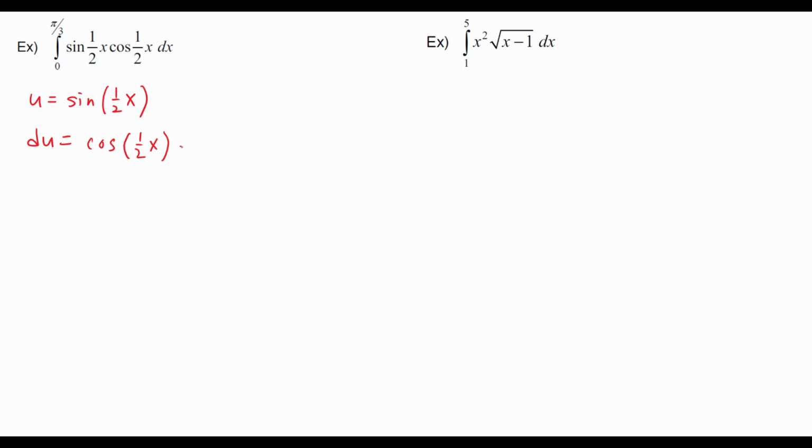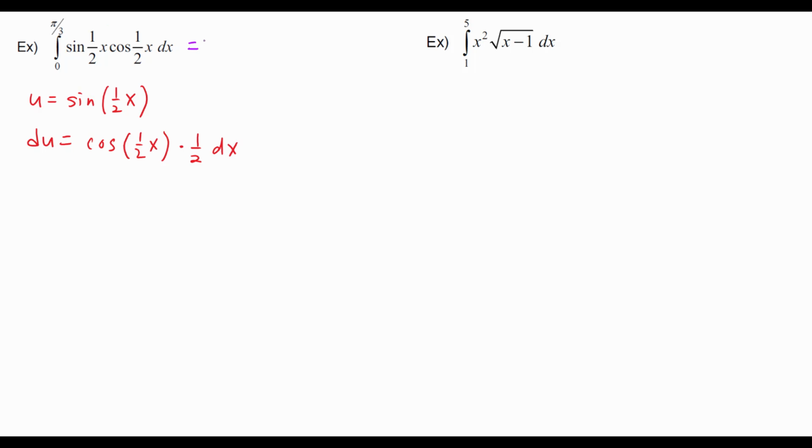Chain rule, I have to times by 1/2 dx. So I do have a cosine of 1/2 x dx, but I'm missing the 1/2. So I'm going to create 1/2 here. I don't have room in this problem, so let me just rewrite this.